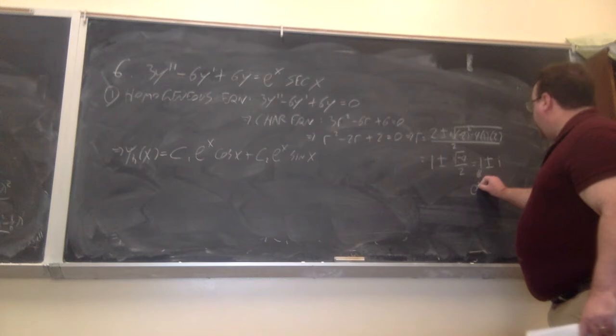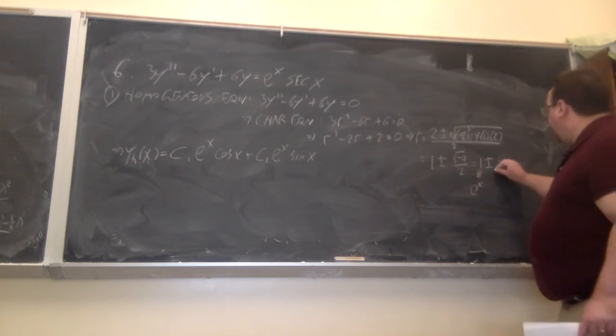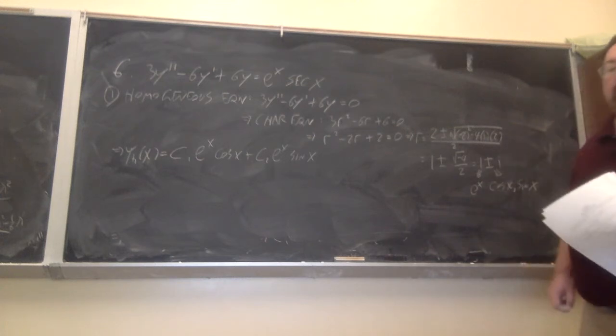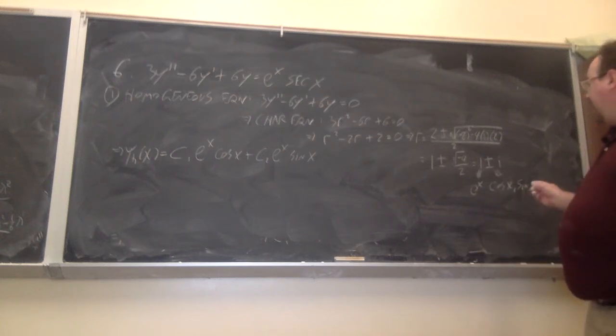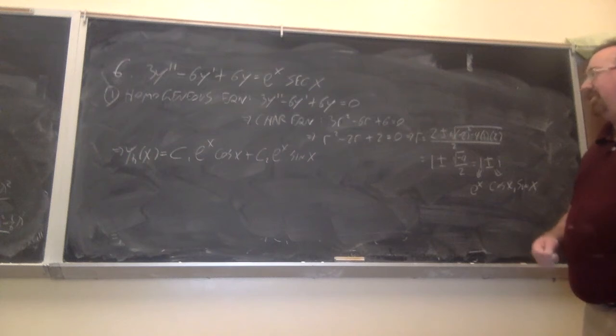The imaginary part is plus or minus 1. So that leads to cosine of x, sine x. Remember, the real part is the coefficient of x in the exponential. If it is purely imaginary, you don't have an exponential. The imaginary part is the coefficient of x in the sine and cosine. So that's why we get cosine x and sine x.